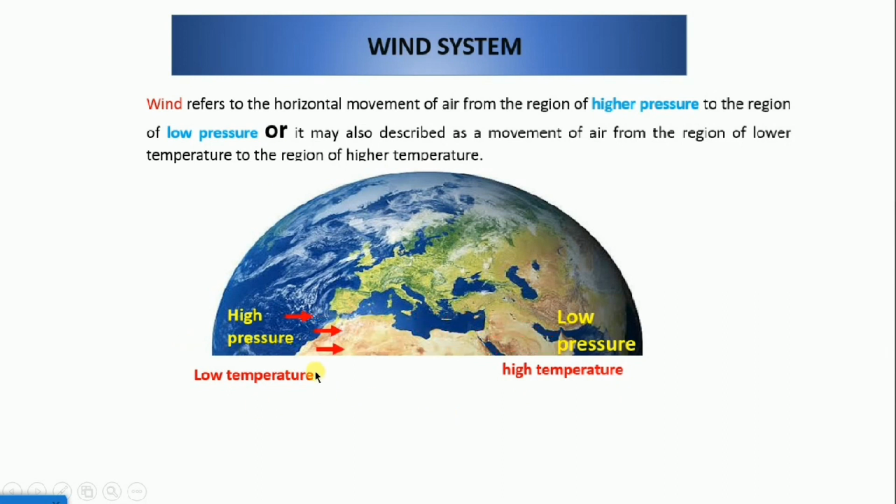The region of low temperature is usually cool, hence high pressure. But the region of high temperature is usually hot, hence low pressure. For that case, the wind usually moves from the region of low temperature to the region of high temperature.